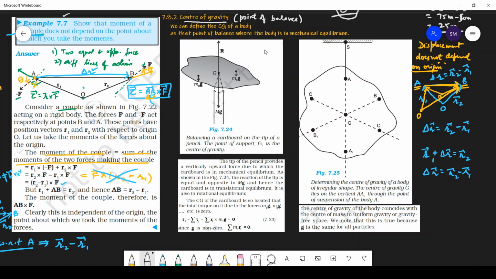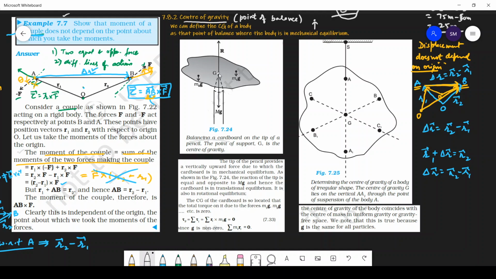You are applying an upward force at that point, and the gravitational force acting on the whole body is balancing it. Like you are balancing the cardboard. This is the cardboard that you have, and you have the tip of the pencil, and the whole cardboard is balanced on the tip of the pencil.